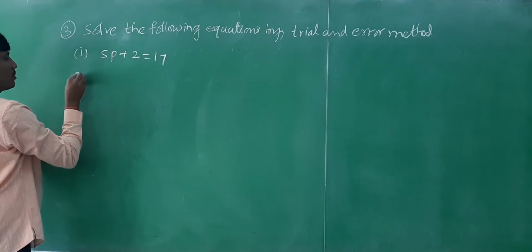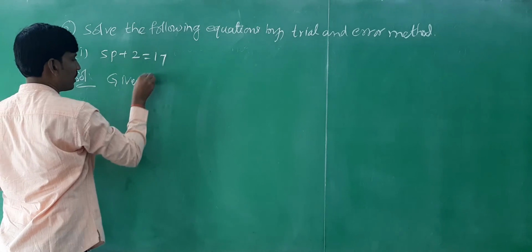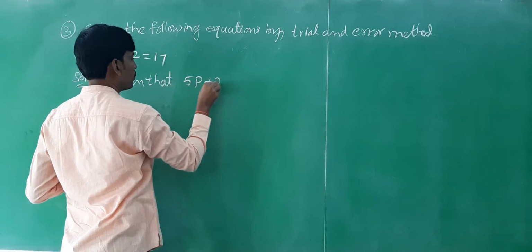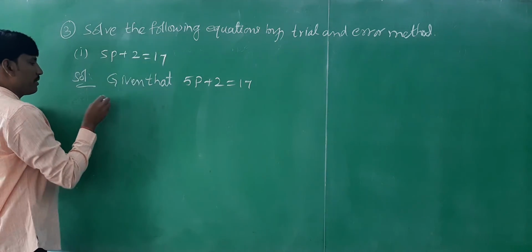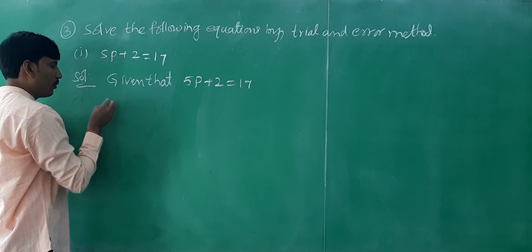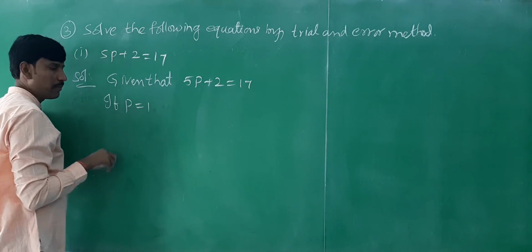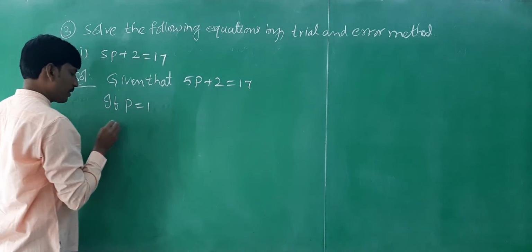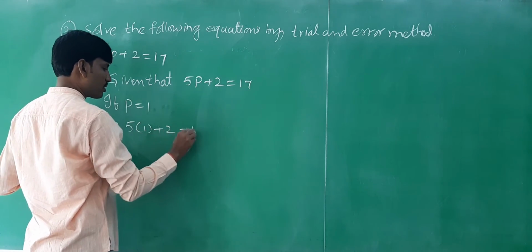So now the given equation is 5p plus 2 is equal to 17. Trial and error method means first of all we start from p equal to 1. If p is equal to 1, we substitute p equal to 1 in the given equation, which implies 5 into 1 plus 2 is equal to 17.